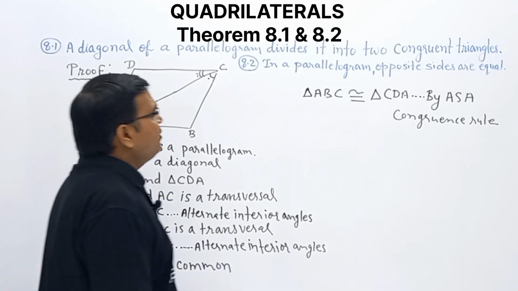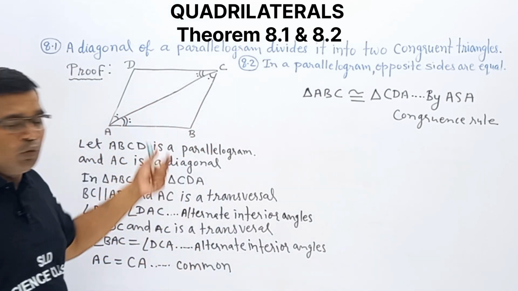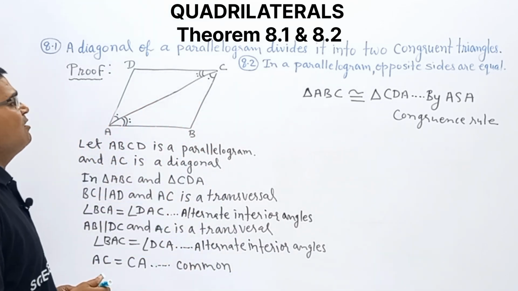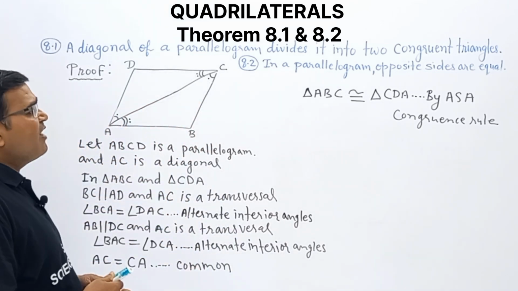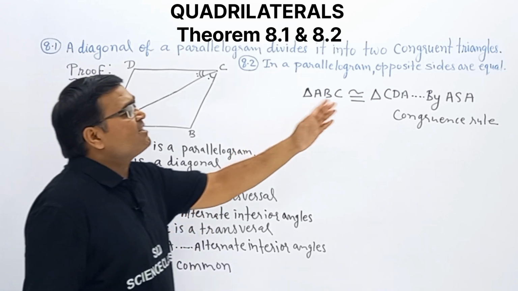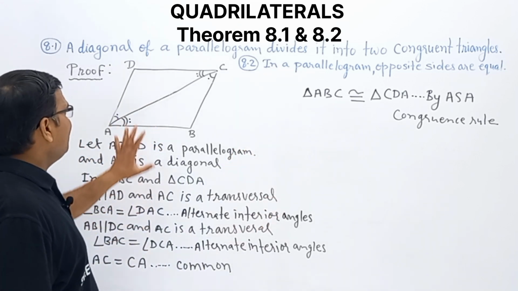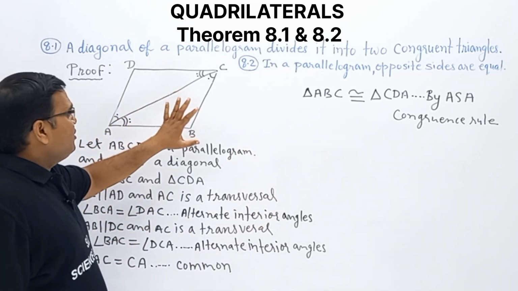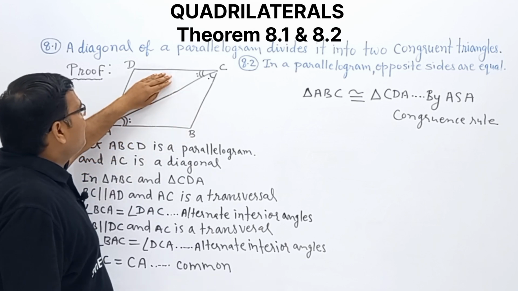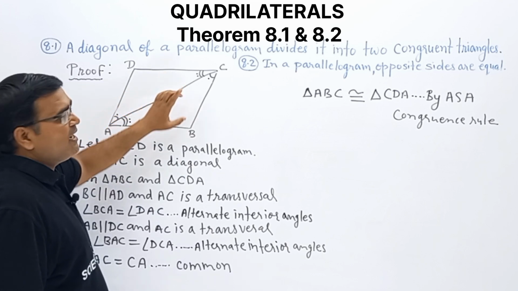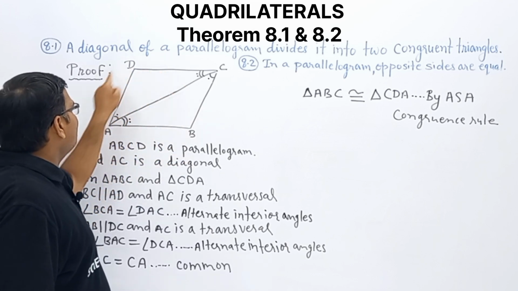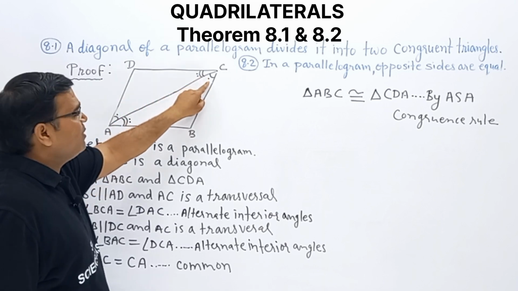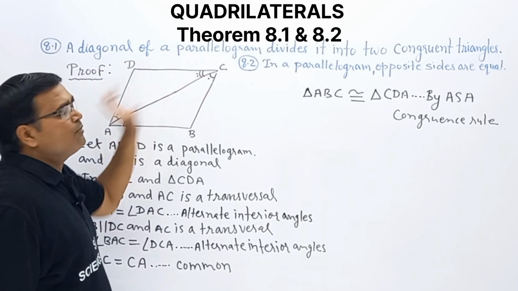Observe what we are doing. We proved that these two triangles are congruent, because of the angle side angle congruence rule. It means for these two triangles, two angles are equal: this angle equals this one, and this angle equals this one.